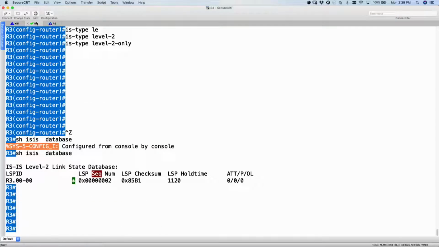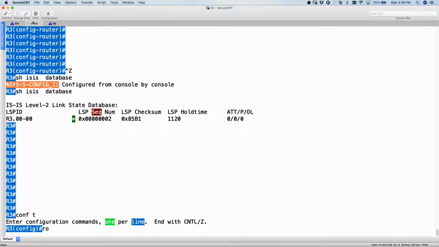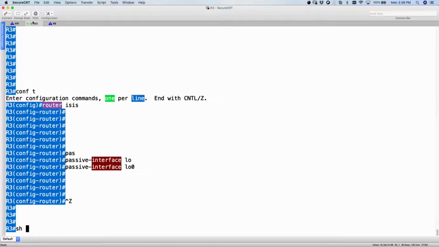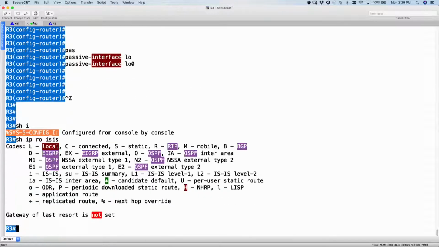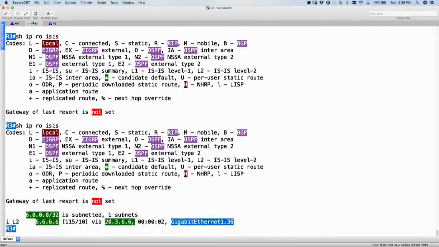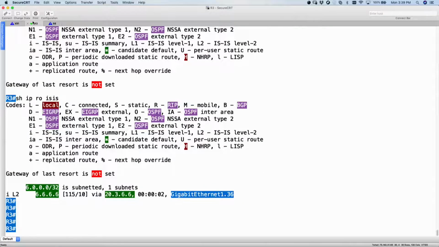Let's go back to 3 and also advertise the loopback under ISIS and say passive interface loopback 0. And now if I do a show IP route ISIS, I should see the loopback of R6 being learned from R6. On R3, I should see the loopback of R6. So as you can see, I see level 2.